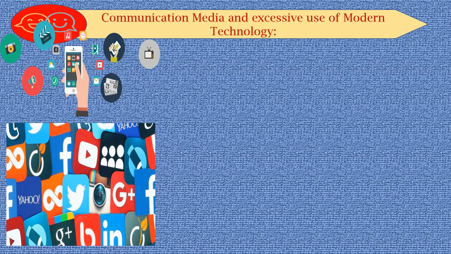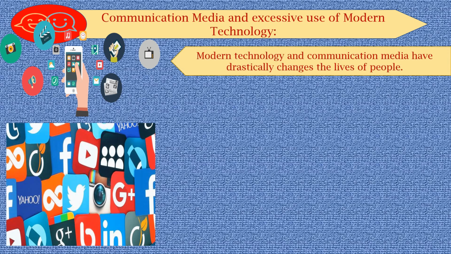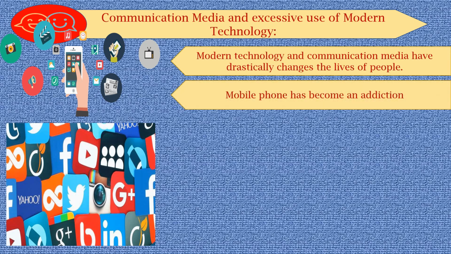Students, now let's learn about communication media and excessive use of modern technology. Modern technology and communication media have drastically changed the lives of people. Mobile phones have become an addiction that can endanger social health. People remain constantly on their phones.